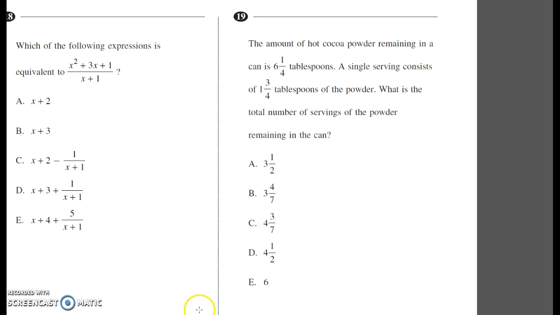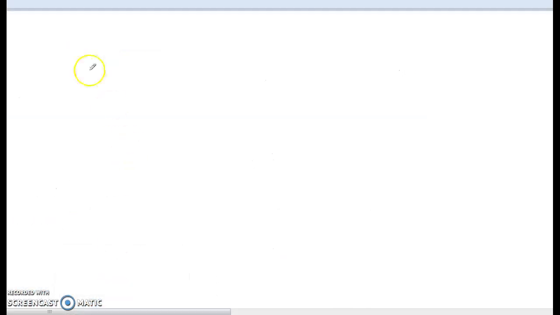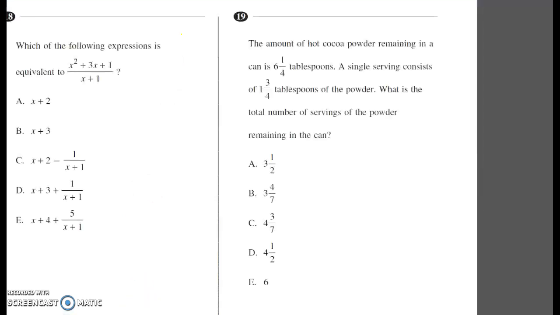So what we're going to have to do is take our 6 1/4. That's how many is left in the can. 1 3/4 is how many a serving actually is. Okay, let me make sure I read that correctly. Yes, I did.